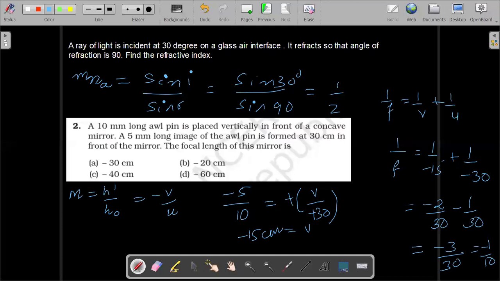V should also be minus 15 that we have got. Since it's a real image, we've got V as negative 15. So why does none of the options come out correct?